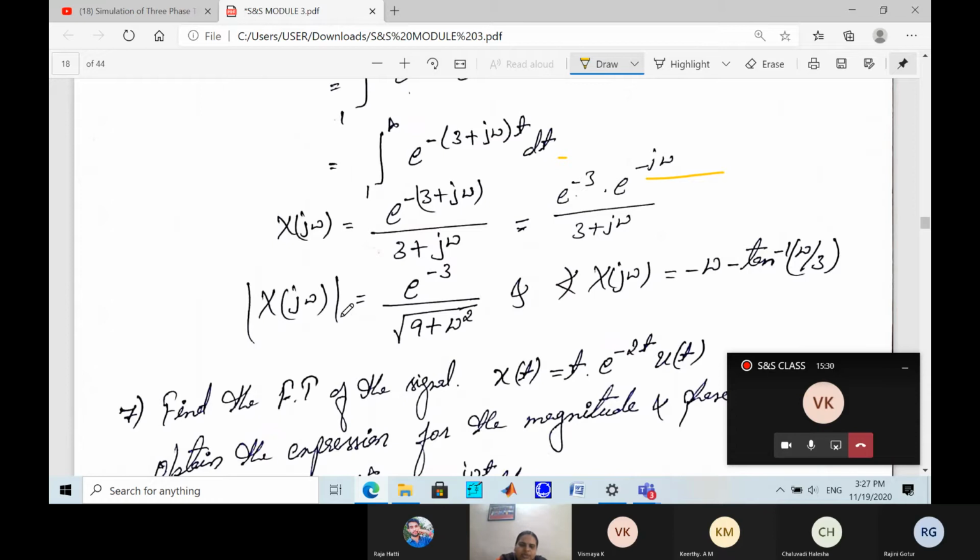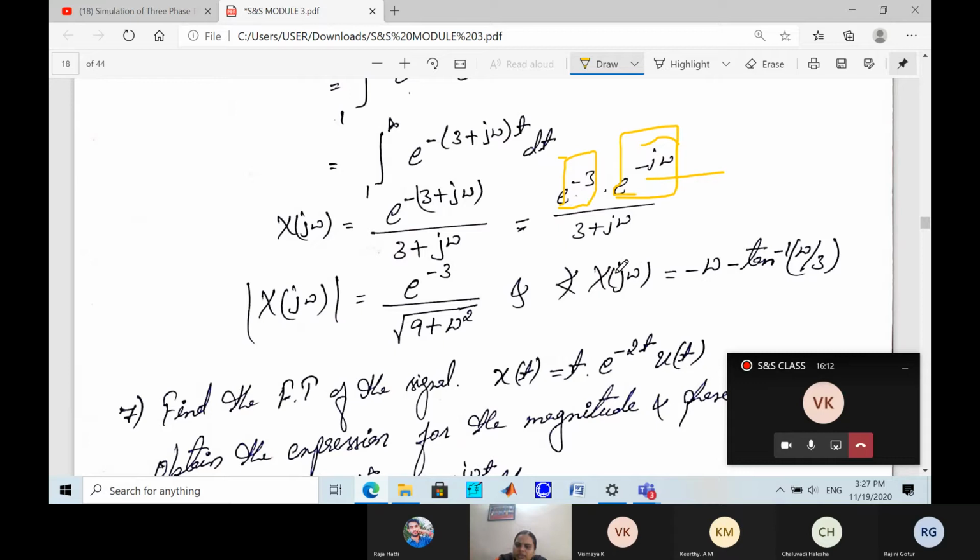Next, we have to find the magnitude and phase. The magnitude is mod of X of j omega is equal to e raised to minus 3, this is a constant, right? Then divided by square root of 3 square, real square plus imaginary square, 9 plus omega square. And the phase: when you consider the magnitude, you consider only this part. When you consider the angle, you have to consider the imaginary part.